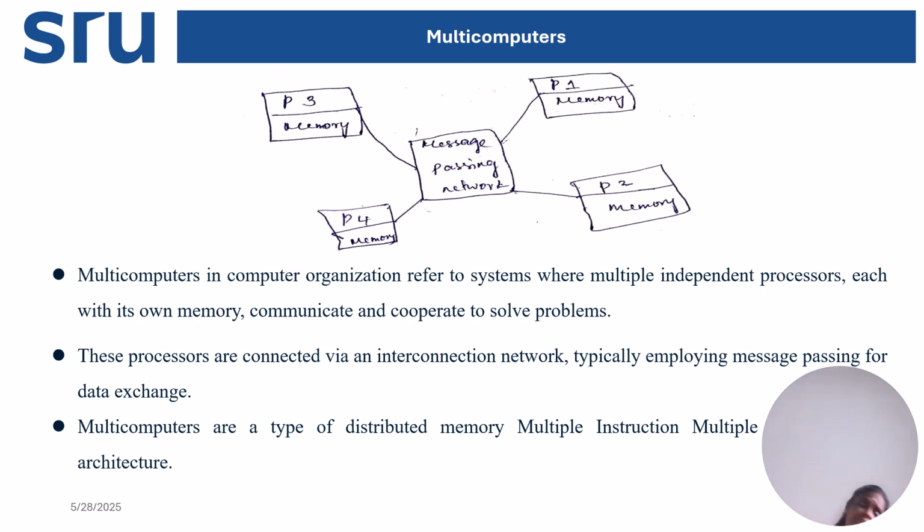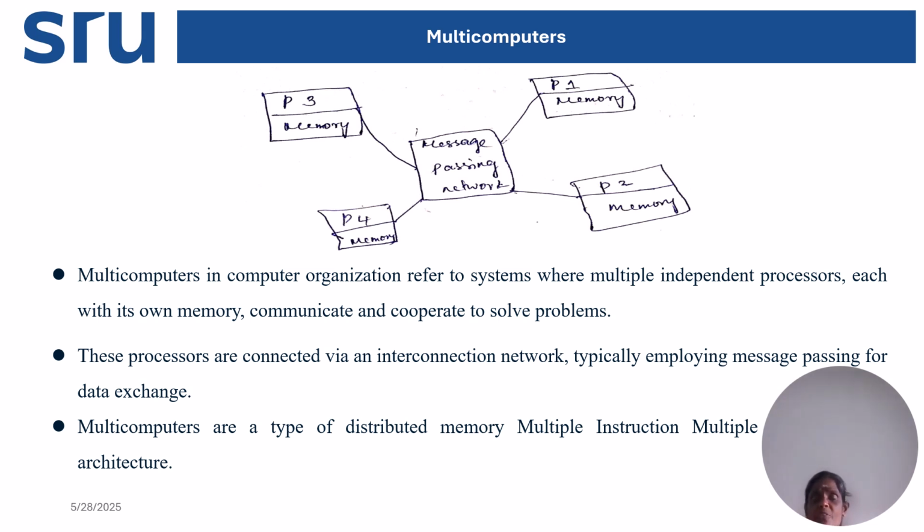In the previous case also, one processor with multiple processing elements had an interconnection network through which the communication would happen. In the same way here also, there are multiple computers, multiple processors with their dedicated memory.